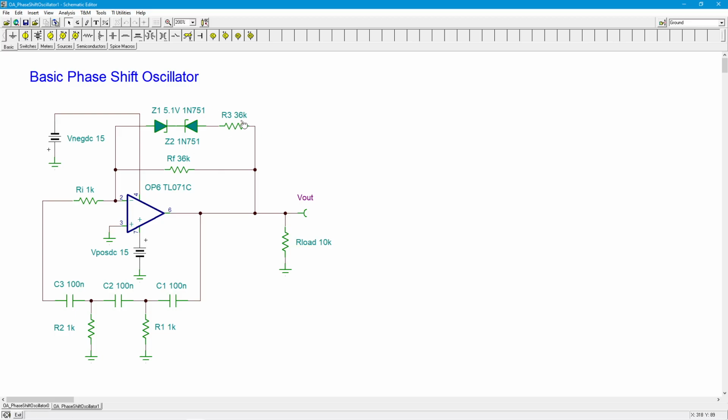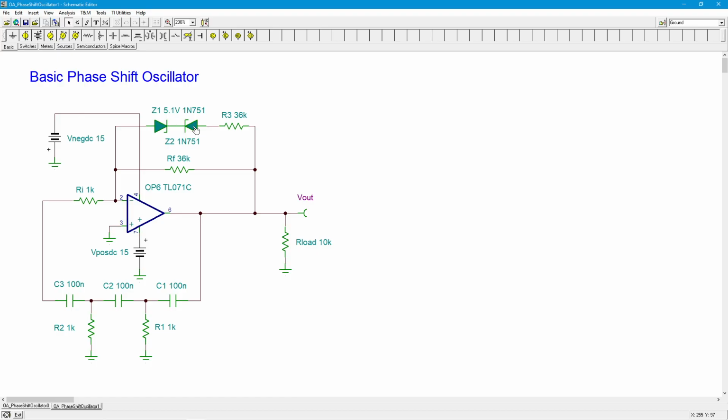This is a high impedance. We don't really see anything. But as the signal starts to increase, we start to get more and more conduction through one of these two diodes, all depending on the polarity of the RF voltage. So like I said, one's going to be forward biased, one's going to be in Zener conduction.